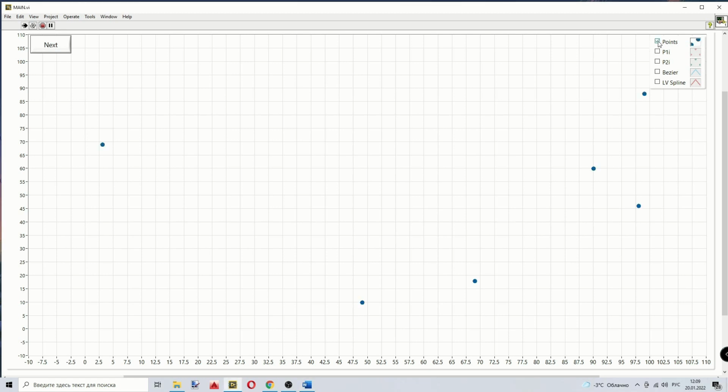Large dark blue points are the starting points to be connected. Small red dots are P1. Small green dots are P2. I note that P1 and P2 must be equidistant from our point, and also lie on the same line with it.